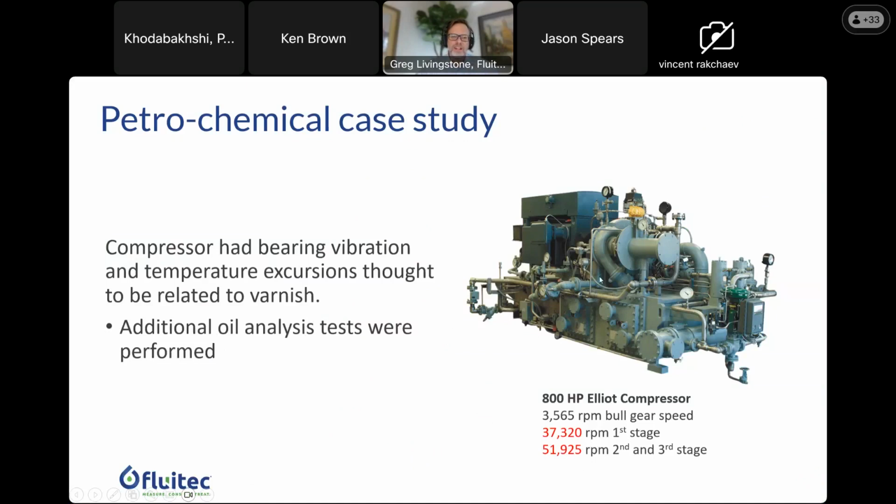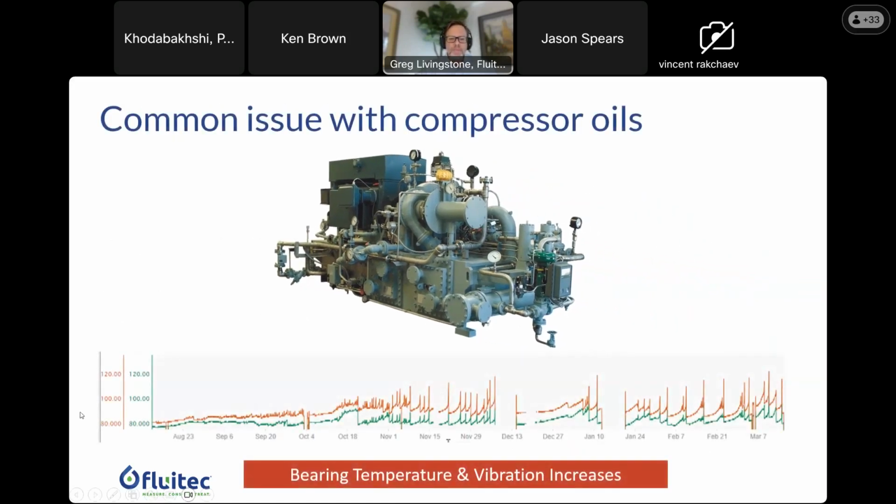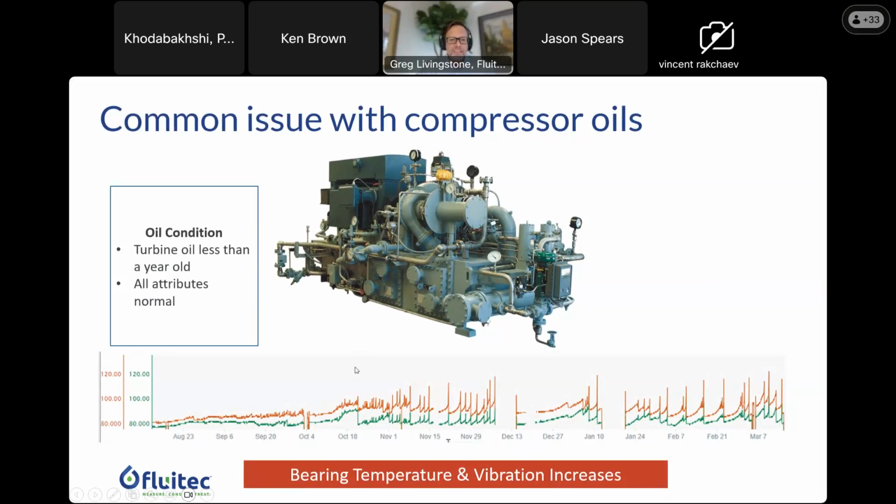They had vibration and temperature excursions in this system, so additional oil analysis was performed. Along the bottom here you can see a graph of this sawtooth-type varnish signature that we saw on a couple of the bearings. But the oil analysis indicated that everything was fine. The oil was less than a year old, and there were plenty of antioxidants left.